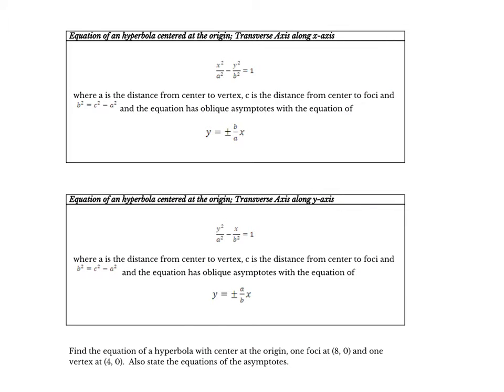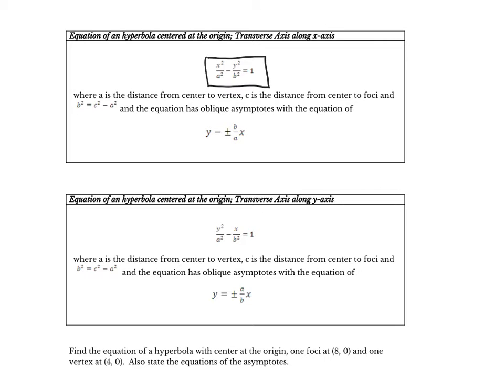So we have two equations for hyperbolas, depending on whether the transverse axis is along the x-axis, so that would be horizontal, or along the y-axis, which is vertical. And again, we'll start if they are centered at the origin, and then we can change like we always have. So if it's centered at the origin and the transverse axis is horizontal, then we have x squared over a squared minus y squared over b squared equals 1.